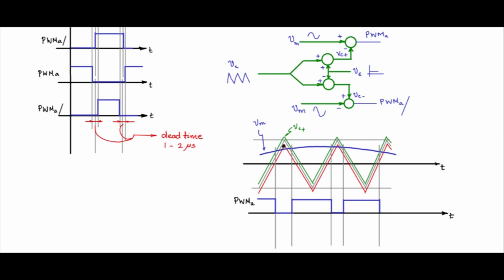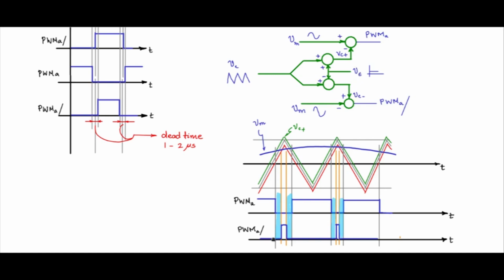Now let me draw the waveform for PWMA bar, and let me mark the critical points of intersection of VM with VC minus, that is a red triangle. So whenever VC minus is higher than VM, it is positive like this. So you see that you have this dead band, a fixed dead band as determined by V epsilon.